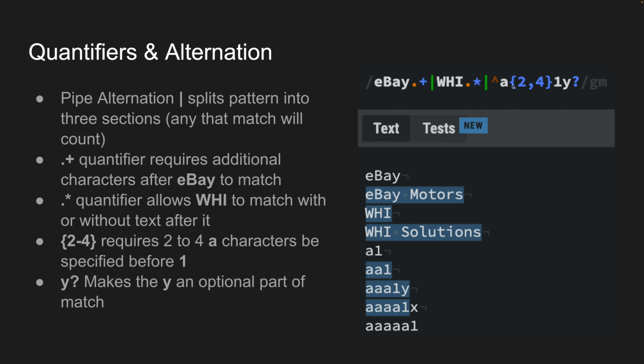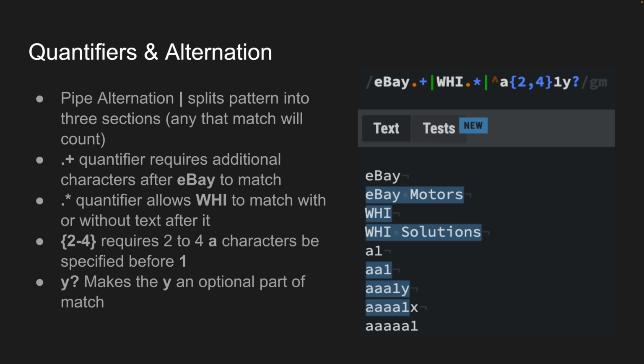Then in this third section, we have 2 to 4 A's followed by the number 1 and an optional letter Y. So here we have A1, and then we have 5 A's with a 1 after it. These won't match because it needs to have between 2 and 4 A's.